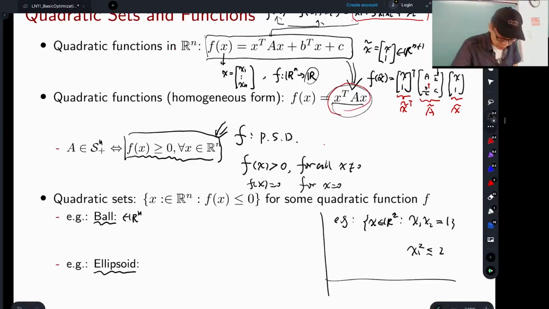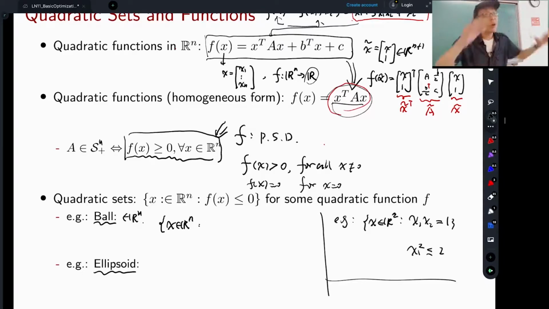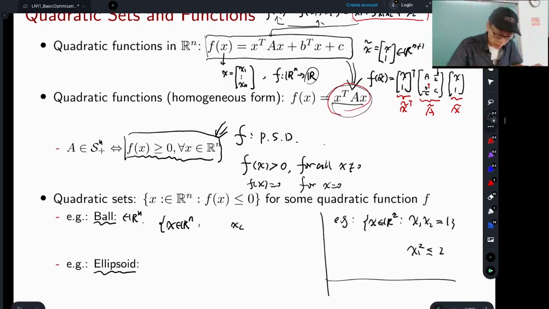So it will be x belonging to Rn such that, ball means the distance from the center is small. Let's say xc is the center of the ball. All the points need to be at distance less than rc. That's a ball. Typically, I can write the square as well. It will be the same, so there will be r squared.